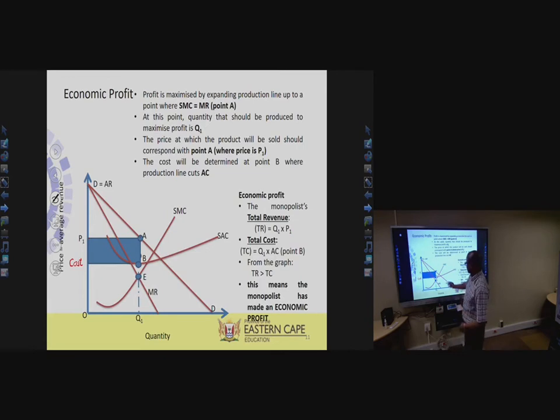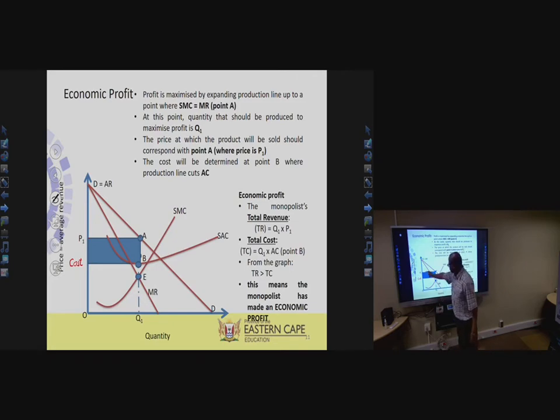You then proceed until you reach your AR. Then you reach your AR at point A. In that case, it tells us exactly that price P1. As we can see, that is a demand curve.